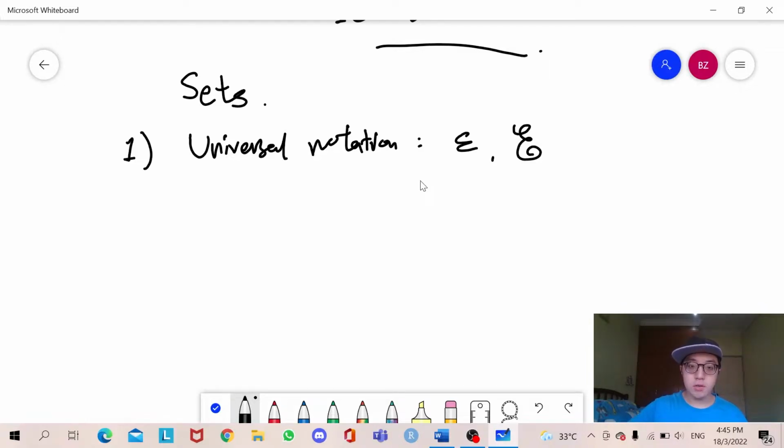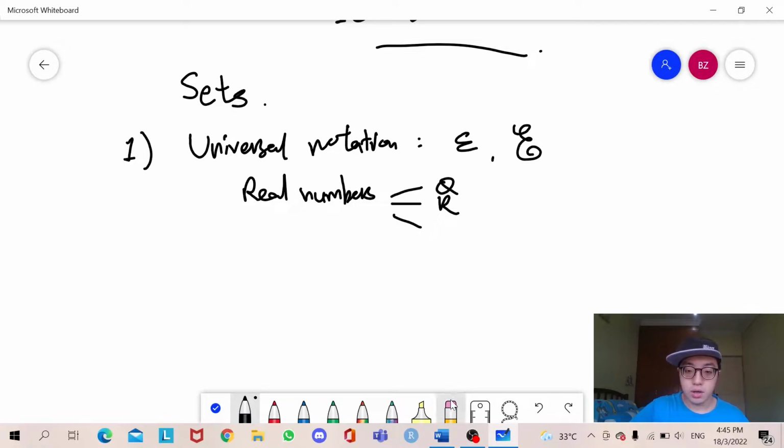For example, from the first chapter, we say that the real numbers consist of every single thing. For example, Q is the rational numbers, and we have natural numbers and integers.